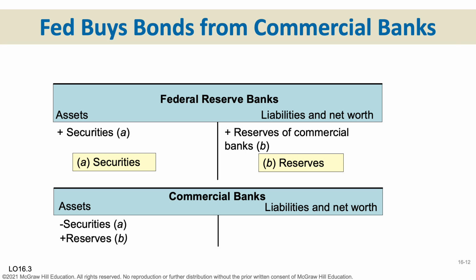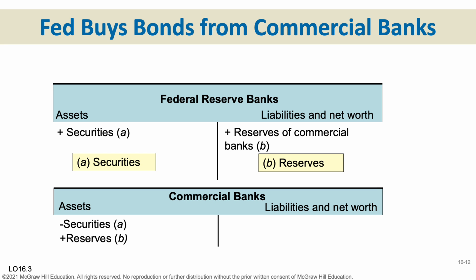At the Federal Reserve, the bank's reserves are a liability to the Fed, an asset to the bank, but a liability to the Fed. So when the Federal Reserve buys bonds from commercial banks, then the securities account goes up, that bond account goes up, and commercial banks' reserves go up.